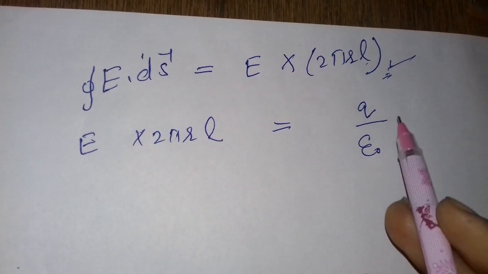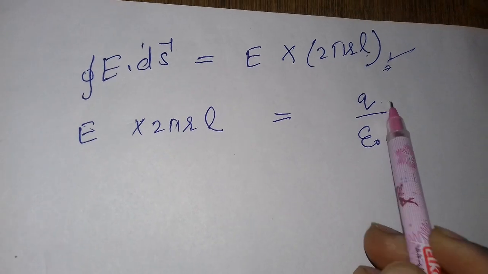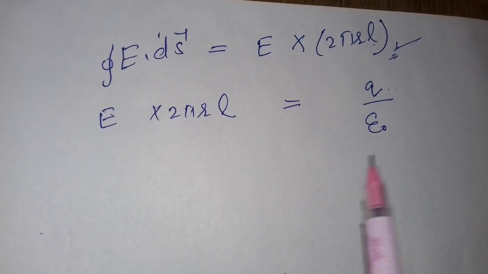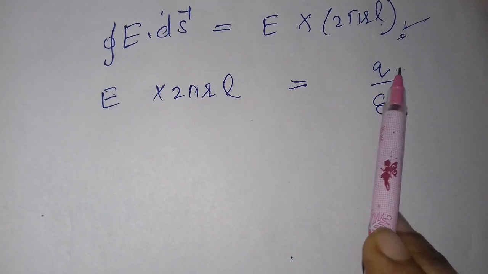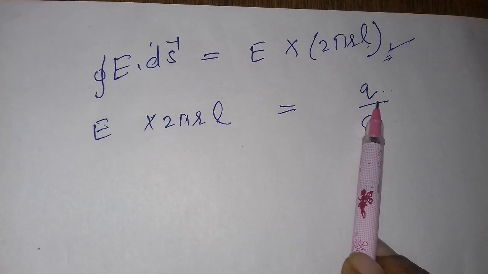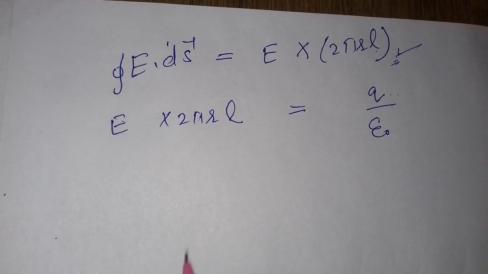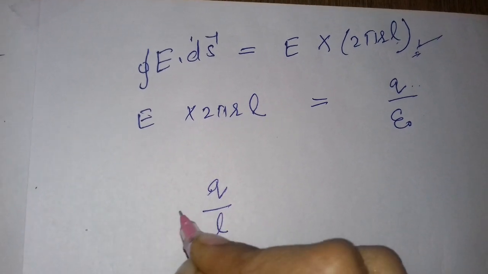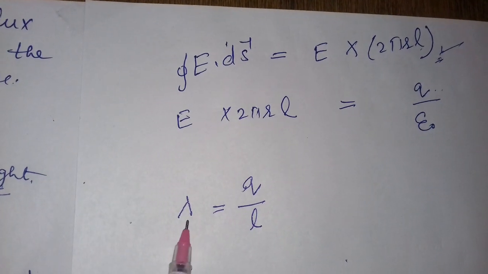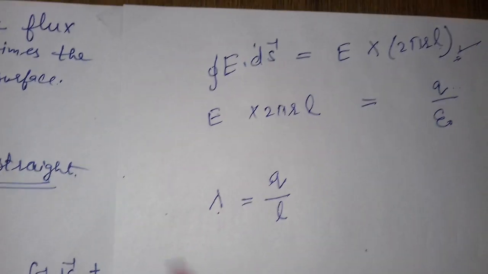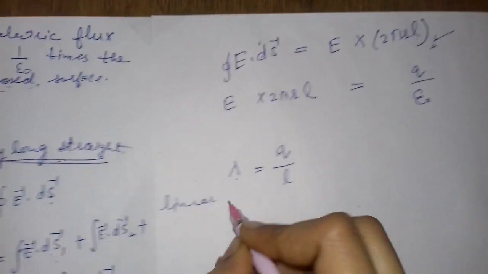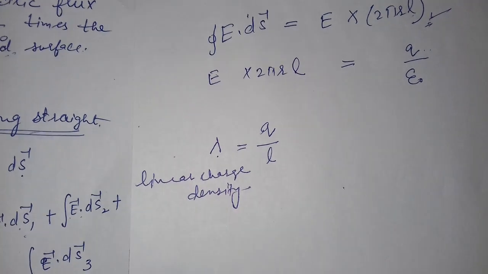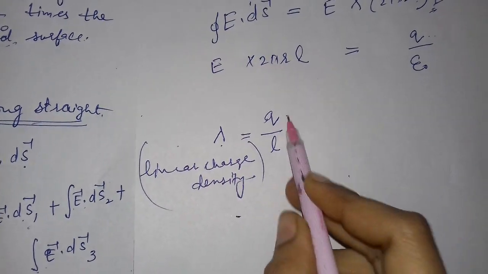But now q is not known to us. Why? Because this is an infinitely long charged wire, so q is not defined. So we will use the continuous charge distribution concept, according to which charge per unit length is known as lambda, that is, linear charge density. Lambda is what? It is linear charge density, right? So q by L is lambda.